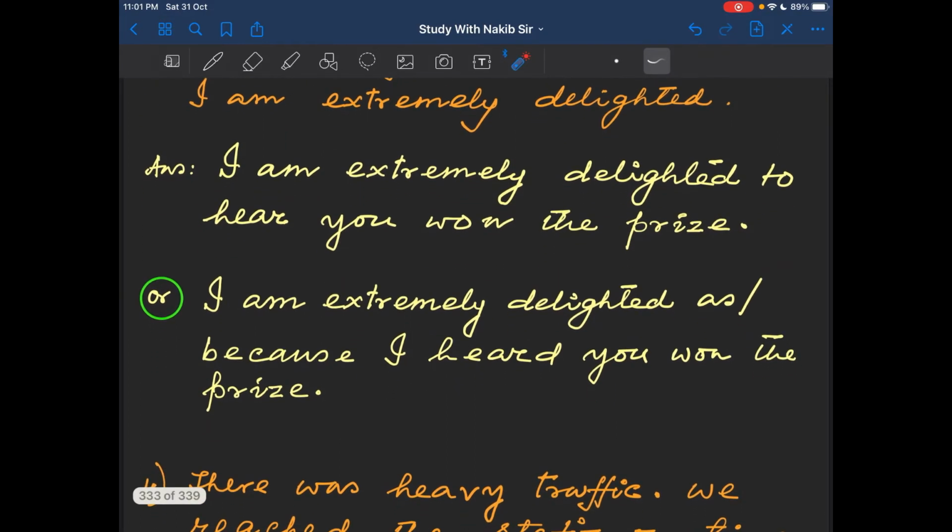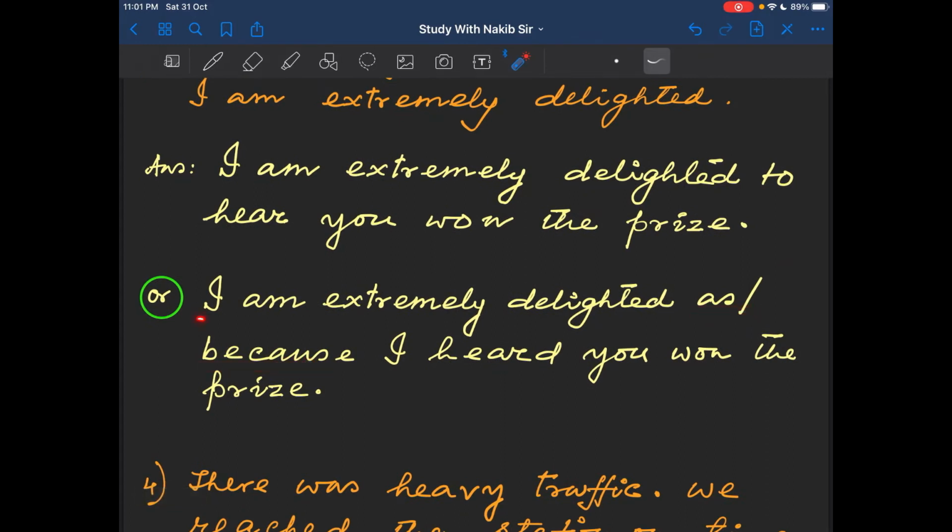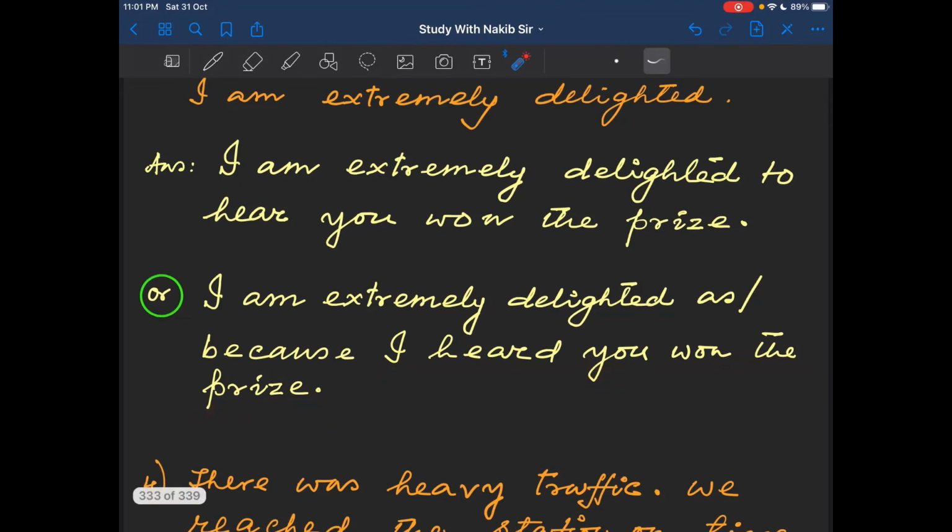And another one by using as or because. See, I am extremely delighted as or because I heard that you won the prize. I am extremely delighted as or because I heard you won the prize, or I heard that you won the prize.